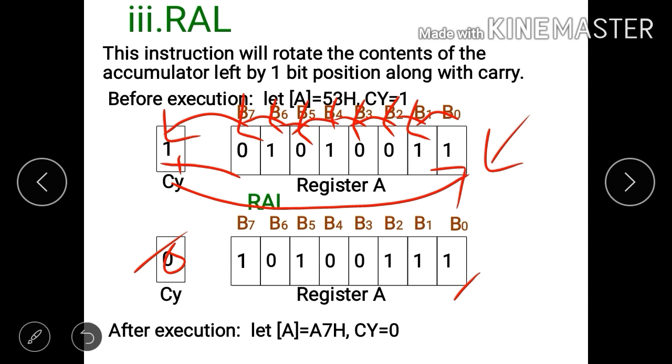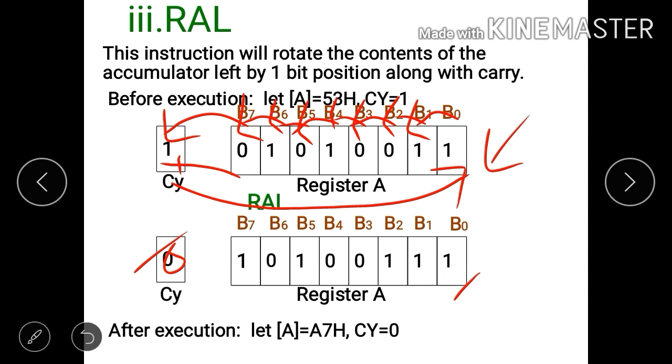So the bit 1 of B0 comes into B1, and the content of bit B1 comes into B2. The bit 0 of B3 comes into B4, and the bit 1 of B4 is placed into B5.